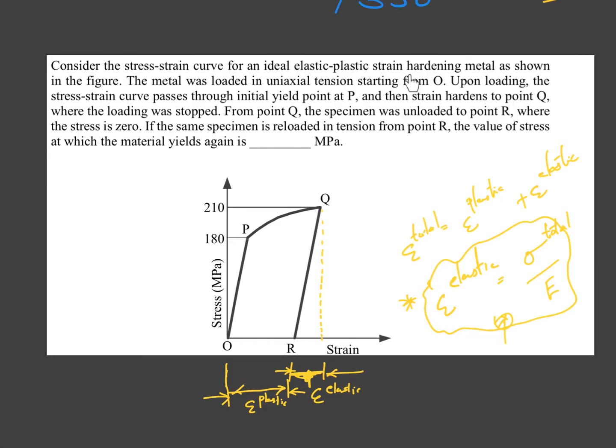It is exhibiting that characteristic of strain hardening. So as you load the specimen from point R, it will behave linearly up to this point Q, or in other words, its yield strength has increased from 180 MPa to 210 MPa. The material is more strengthened.